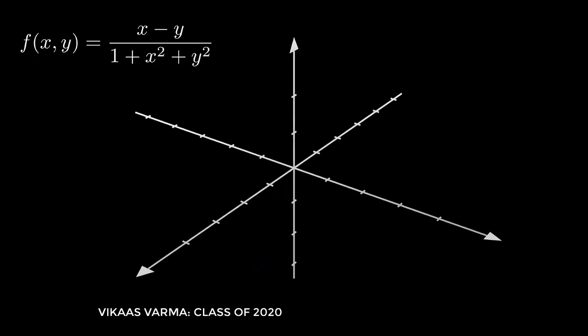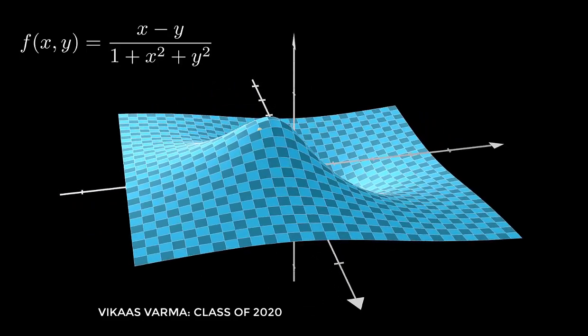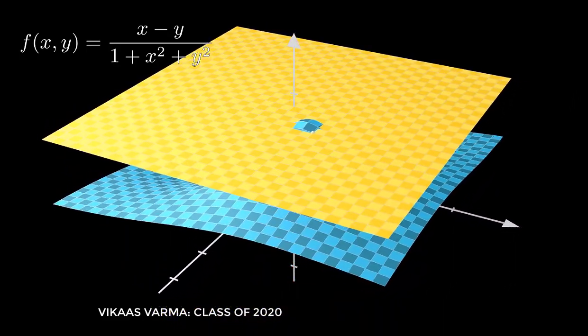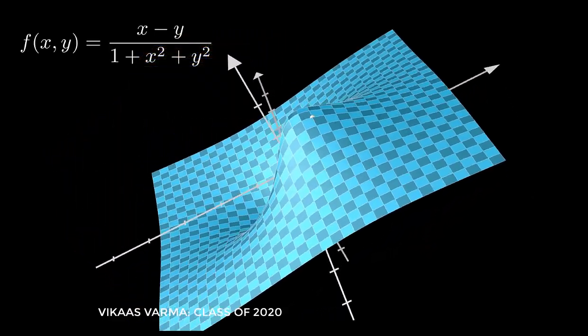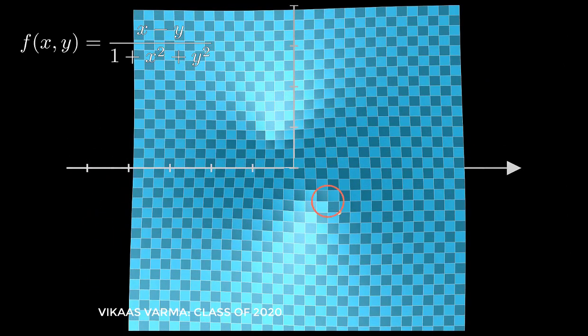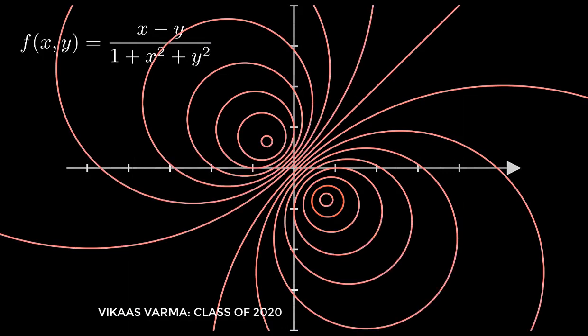Check out this really cool animation made by one of my students, Vikas Varma. There's the same function we've been looking at, and there's the plane. There it goes, slices in. That creates our level curve, and then our set of level curves.